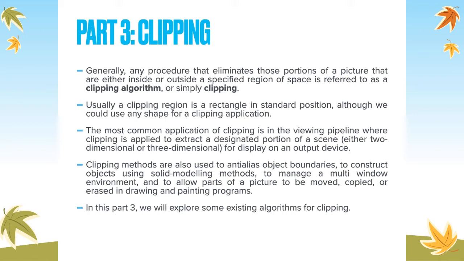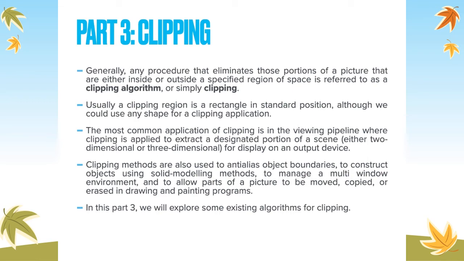The most common application of clipping is in the viewing pipeline, where clipping is applied to extract a designated portion of a scene, either in 2-dimensional or 3-dimensional, for display on an output device.